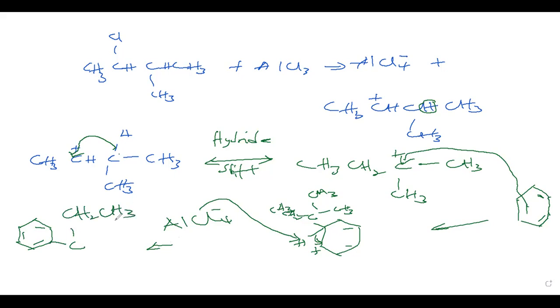CH2, CH3, CH3, CH3, plus some side product if you want to show, AlCl3 plus HCl. Very simple. So that would be that for that question. That's all for that question.